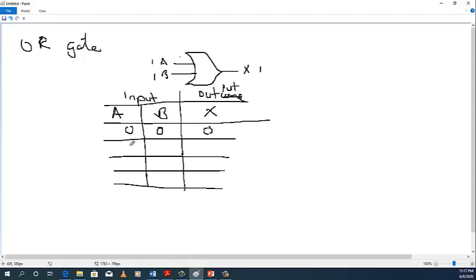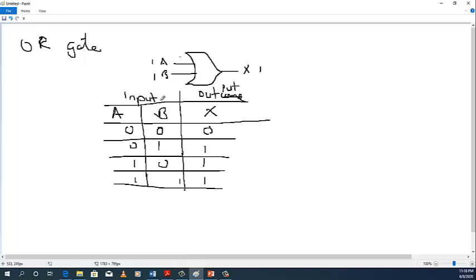If you input a 0 and a 1, our outcome is going to be a 1. If you input a 1 and a 0, you're going to get a 1. If you input a 1 and a 1, our outcome is going to be a 1.